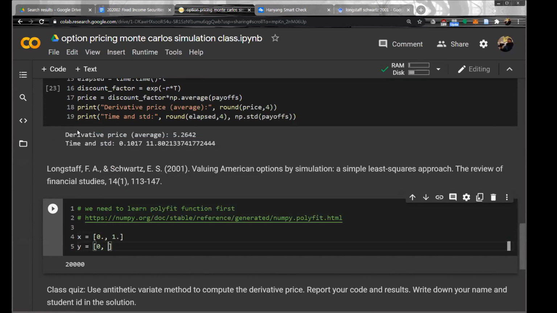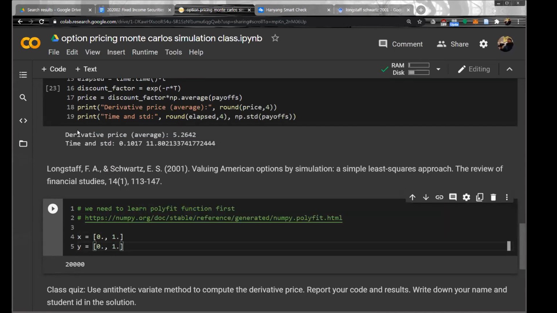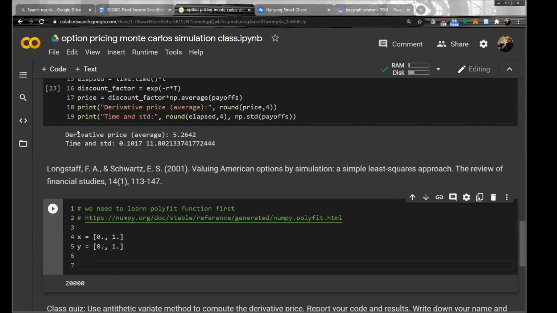When X is 1, let's say Y is also 1. So we have two points, (0, 0) and (1, 1). Then we want to find a polynomial function that exactly fits these two points. That is obvious, right? That is a 45-degree line, Y equals X. So it is just first order.